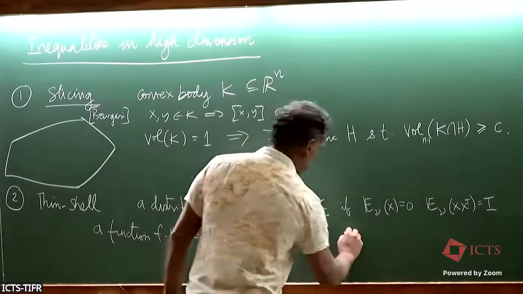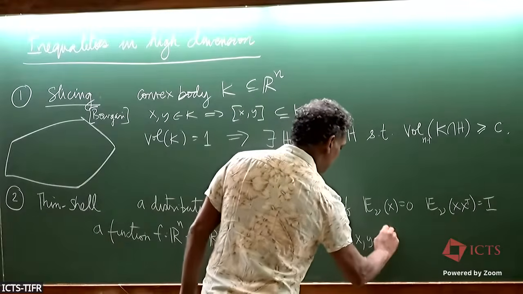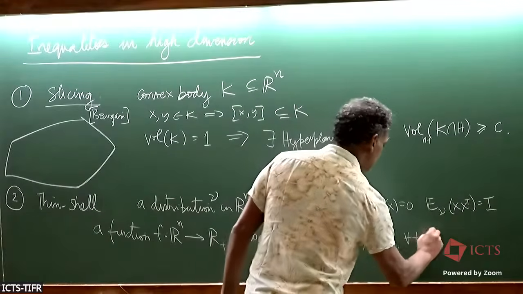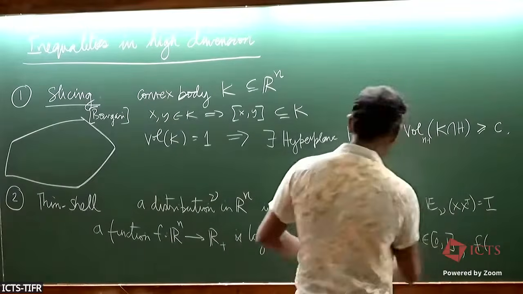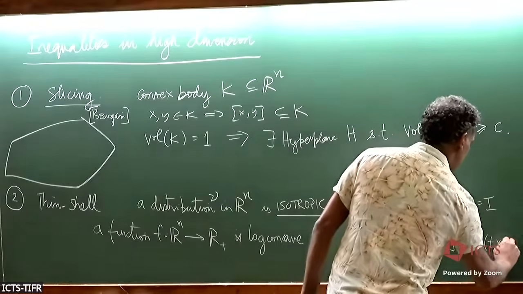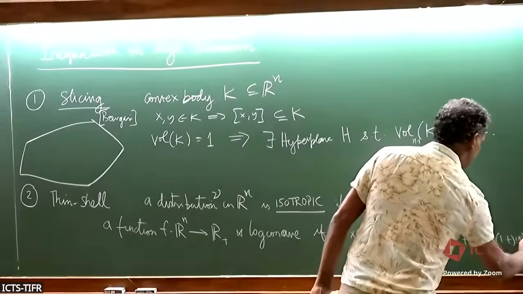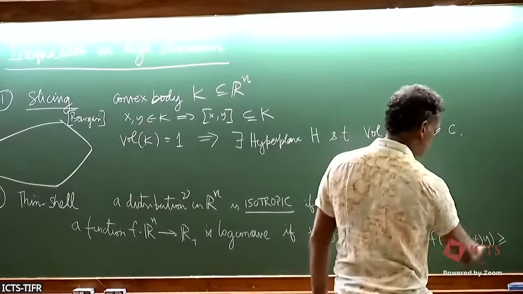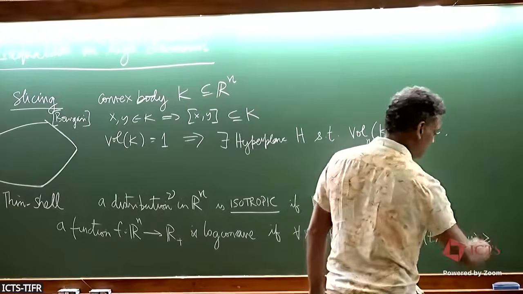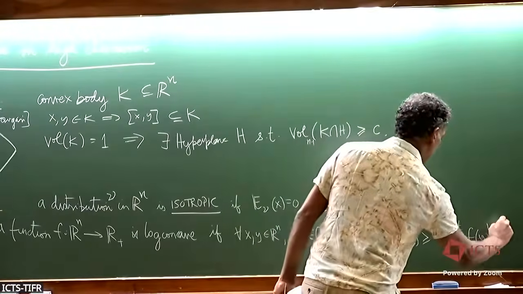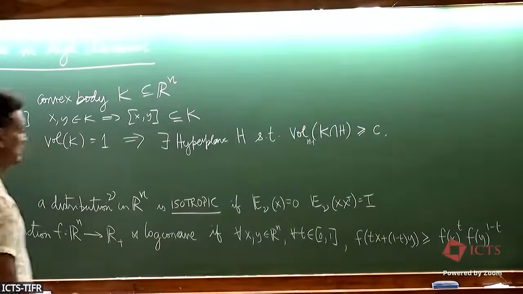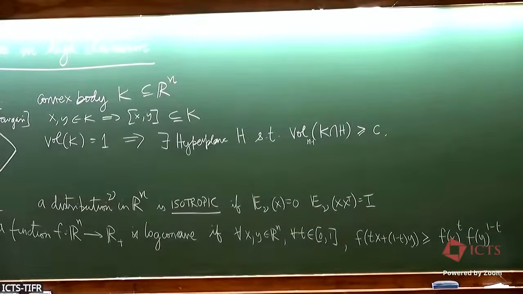Explicitly, for all x, y and for any scalar t in [0,1], the function value at the convex combination tx + (1-t)y is at least f(x)^t f(y)^(1-t). Concave would say it's at least the average of the function values at x and y. So that's a function being log-concave. And a distribution is log-concave if it has a log-concave density.